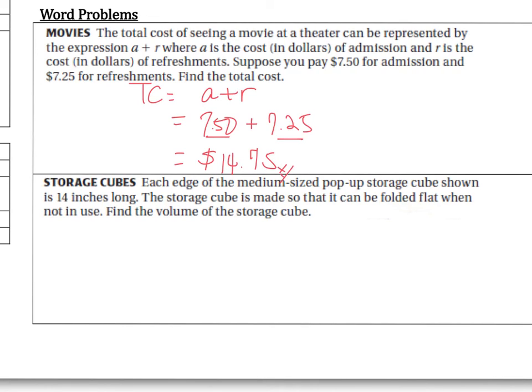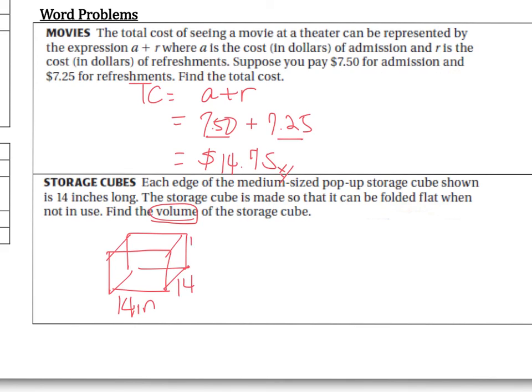Storage cubes. Each edge of the medium-sized pop-up storage cube shown is 14 inches long. Okay, so I'm just going to draw a simple cube. The storage cube is made so that it can be folded flat when not in use, so you can take it apart, basically. Find the volume of the storage cube.